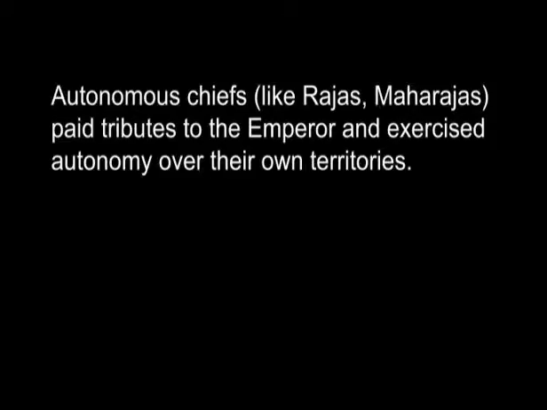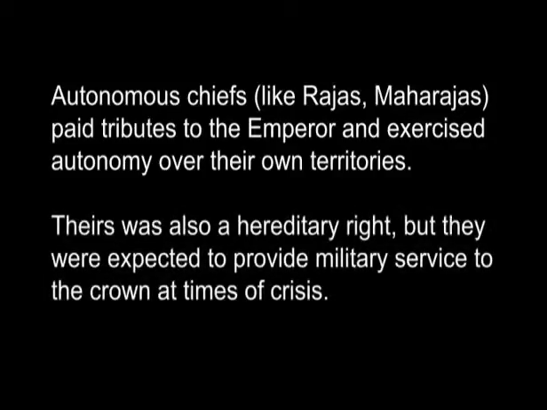And apart from the Jagirdars, there were also autonomous chiefs. There were many Rajas, Maharajas and others who had to pay the expected tribute to the emperor, to the king. After that, they were free to exercise their autonomy over their own territories. They usually continued to enjoy Zamindari rights and many other privileges.